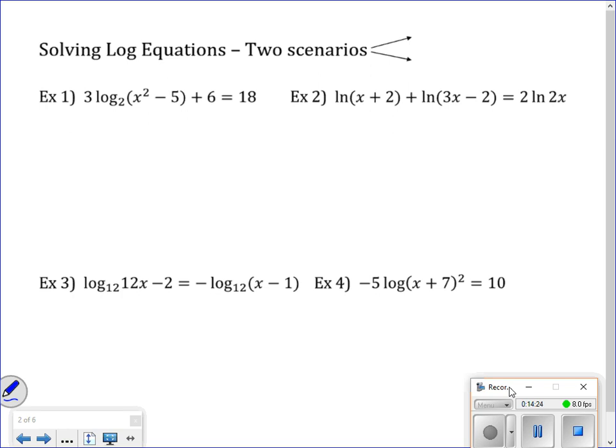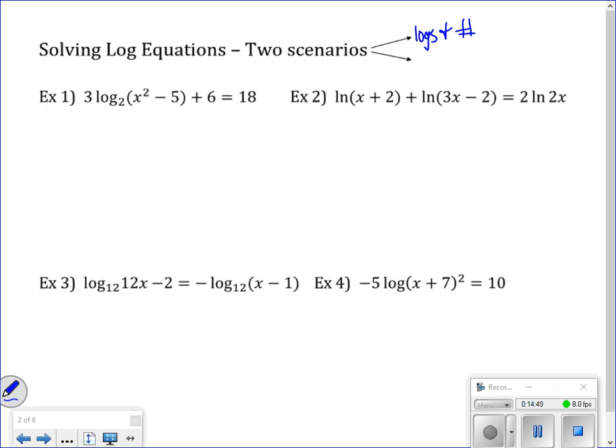All right, so these have more than one log sometimes, or they're just harder, okay? So there can be 2 scenarios that you have to do. If you have logs and you have a number in your problem, like which of these problems have logs and a plain number? Example 1 does, and also example 3. Example 2 has all logs.